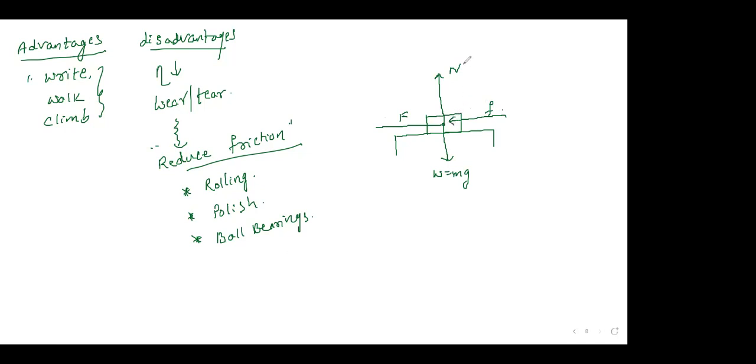Between the normal reaction and the frictional force, there is a resultant somewhere here. This resultant and the normal make some angle. This angle is called theta. This theta is called the angle of friction.